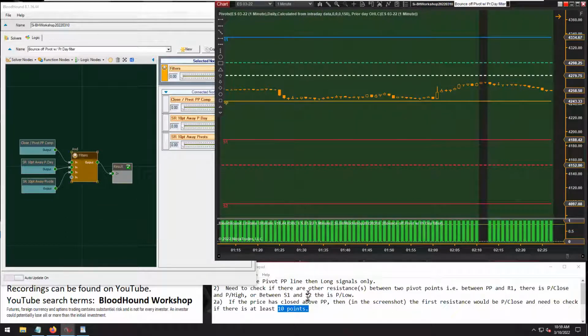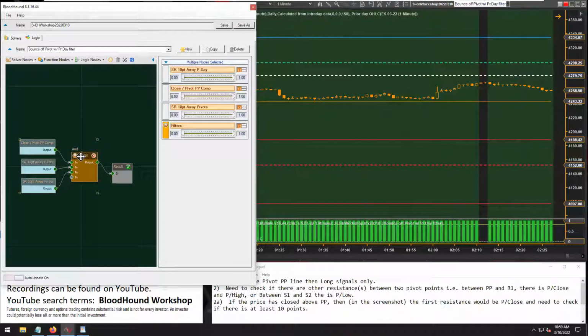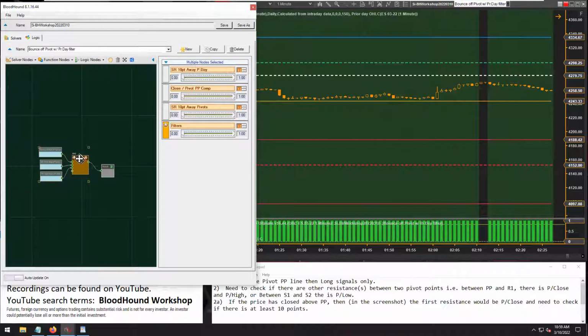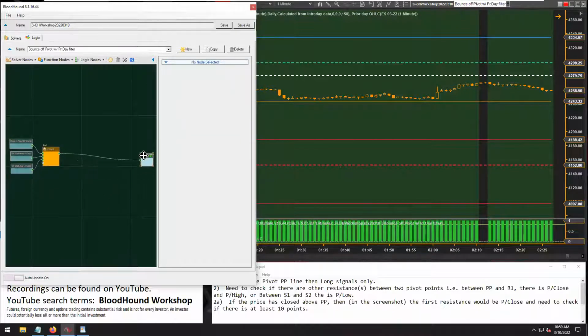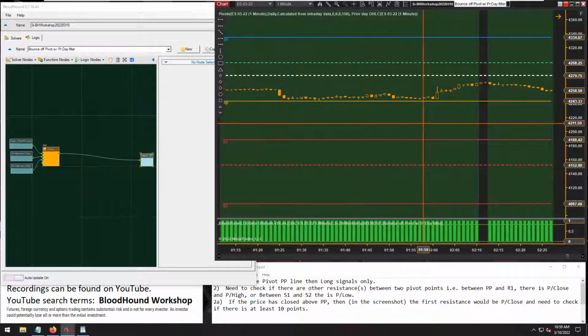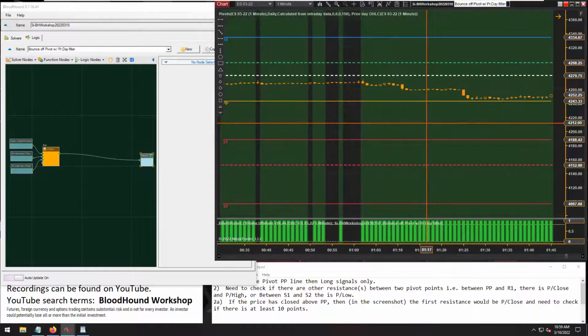All right, so now we need to start building the bounce signal logic. Let's zoom out a little bit and put that off to the side. Let me go find an actual bounce.